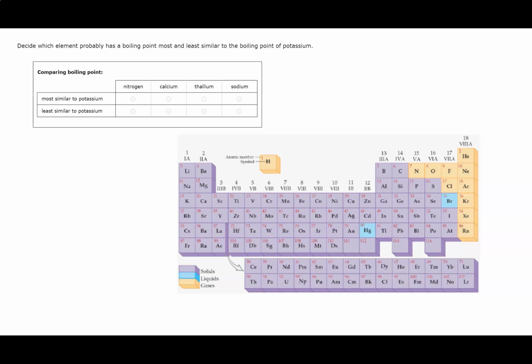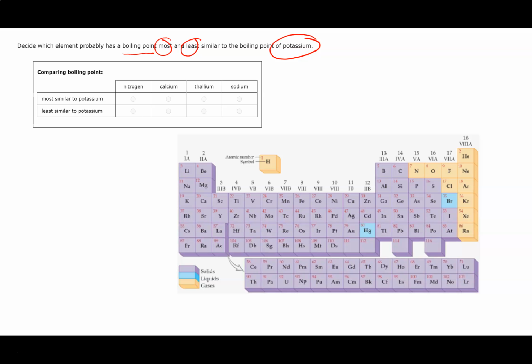Okay, so this is an interesting problem. It says decide which element probably has a boiling point most and least similar to the boiling point of potassium. So what we're really talking about here is, remember that the elements are organized so that they are placed nearest the things that they are most similar to.